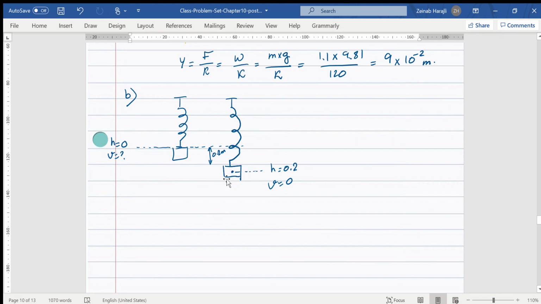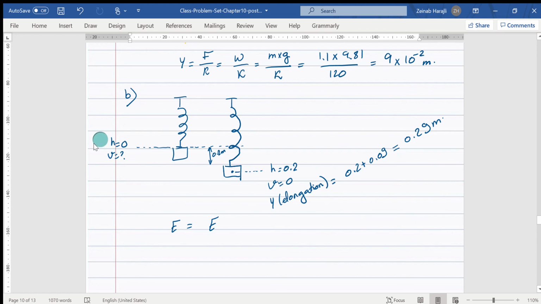Now the elongation at this point, pay attention here, y, will be equal to 0.2 plus the original elongation which we had previously, which is 0.09, right? So we can calculate this elongation, and we can say that the spring is stretched by 0.29 meters.